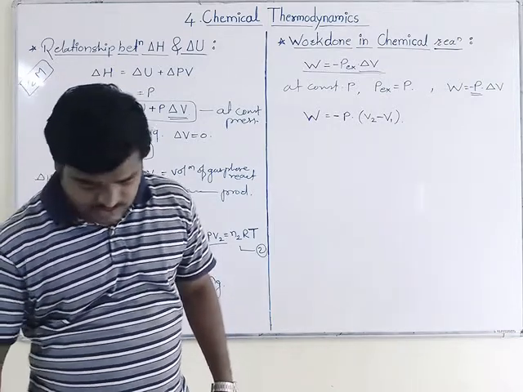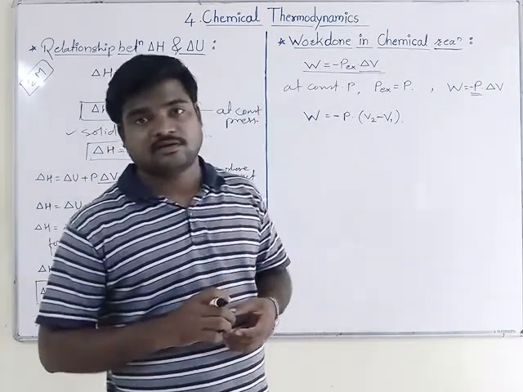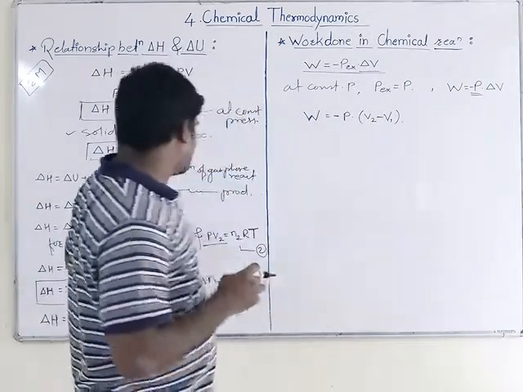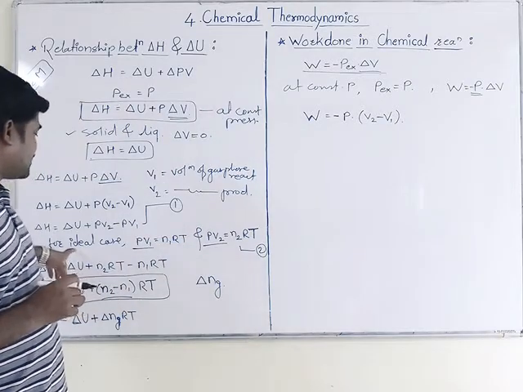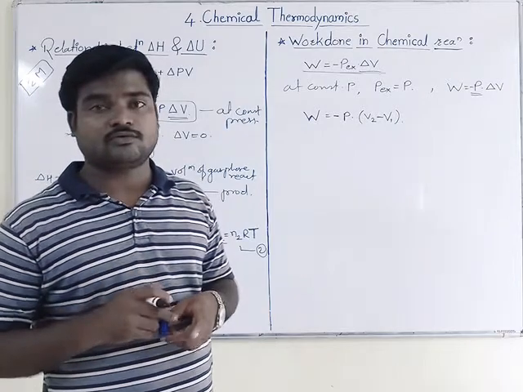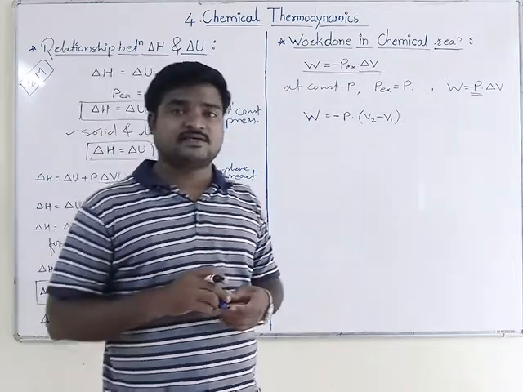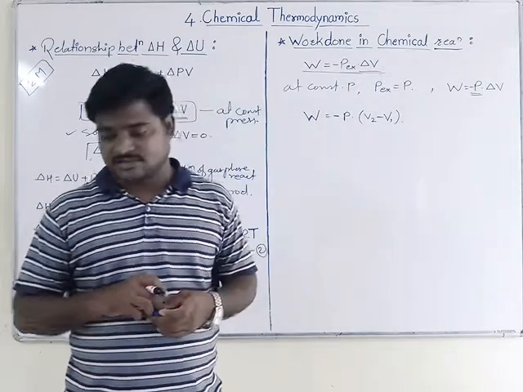Now suppose we have considered this equation for the ideal case, and as earlier we have already studied it for the ideal gas equation, here also you have to apply this equation, that is work done for gaseous reactants as well as products.